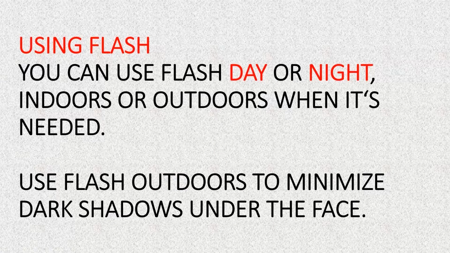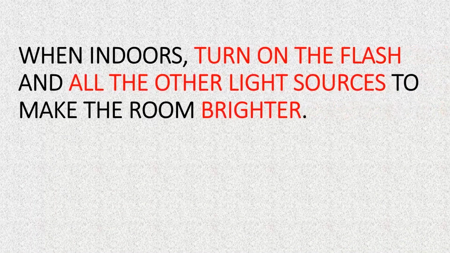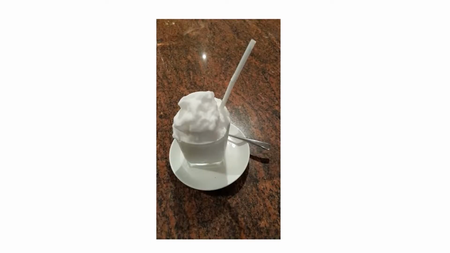You can use flash day or night, indoors or outdoors when it's needed. Use flash outdoors to minimize dark shadows under the face. When you use flash, be wary of its effects on reflective surfaces. Its light bursts can cause bright spots on the skin, wood, and glass.